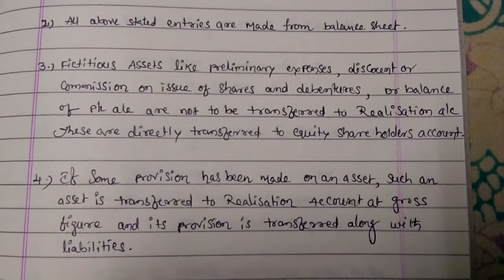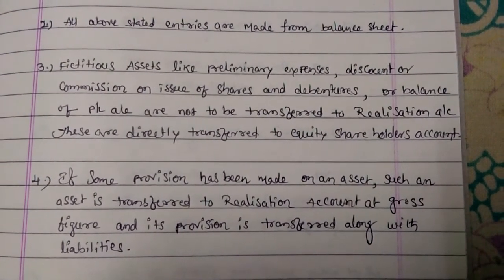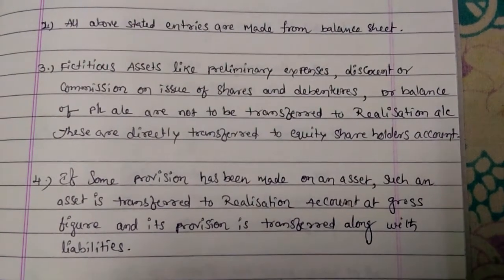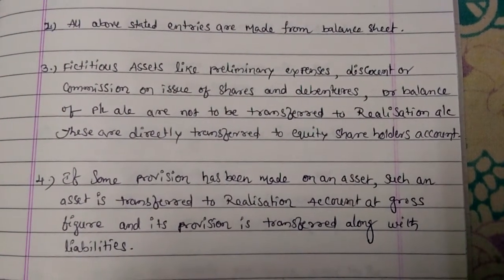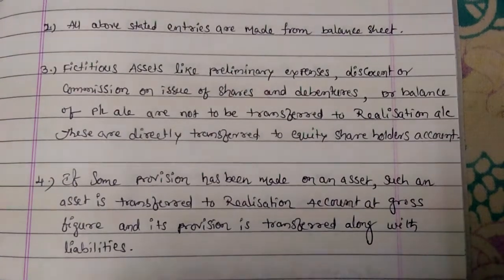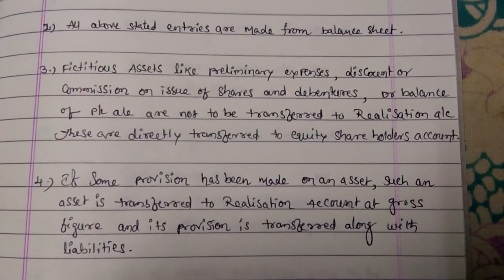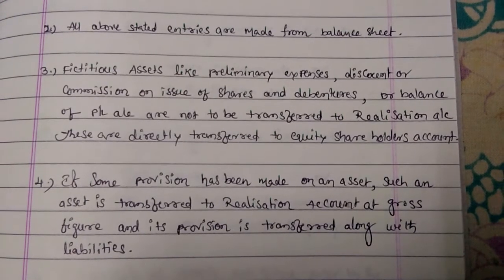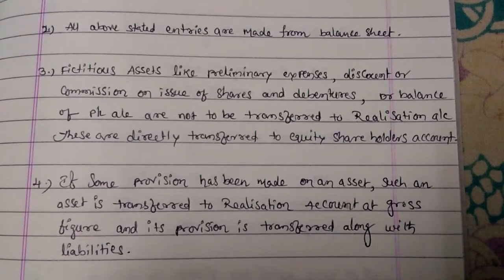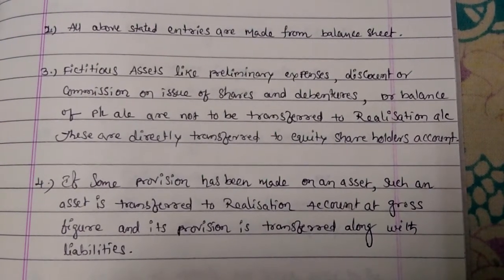And the next point: if some provision has been made on an asset, such an asset is transferred to the realization account at gross figure and its provision is transferred along with liabilities. Try to understand this point.